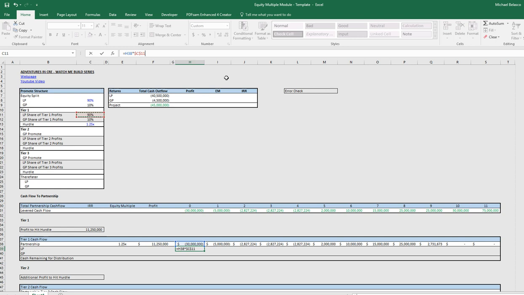Actually, hit F4 one more time, and then one more time again. So what you're doing is you're only locking in the column, but not the row. And while we're at it, go over to H38, hit F4, and hit F4 one more time, because we want to lock in the row this time, row 38, but not the column. So we'll hit Enter, and we'll hit Control-C and Control-V.